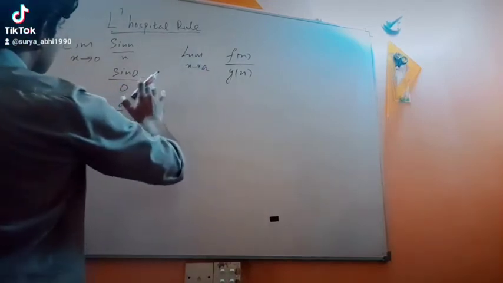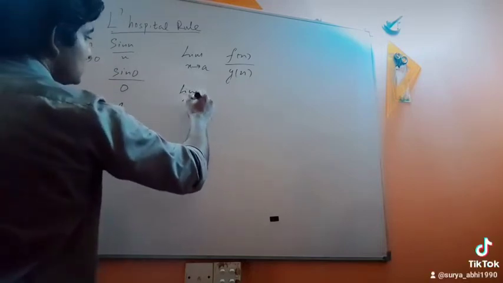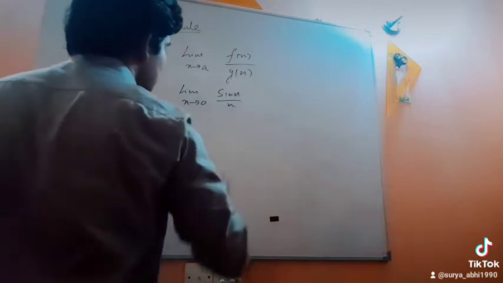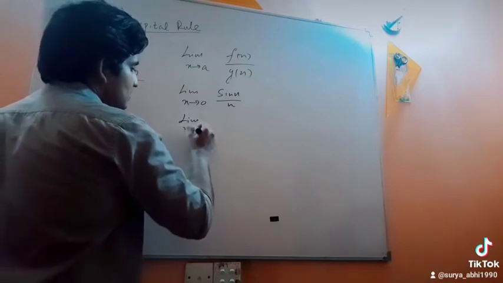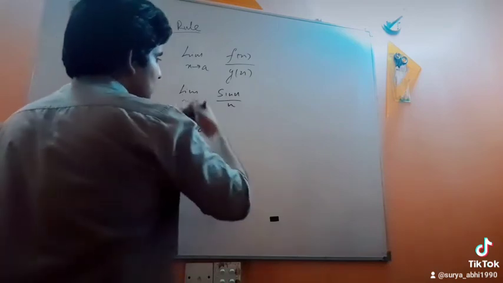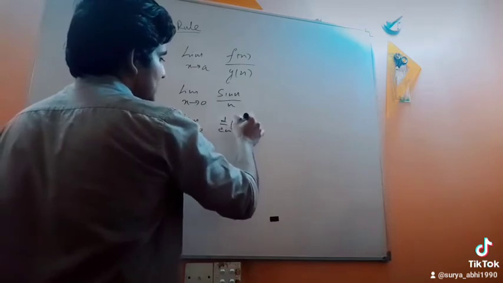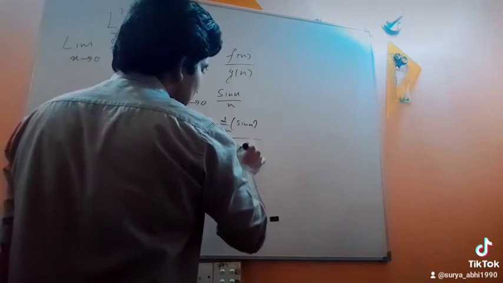So just think that you are going to solve the same problem: limit x tends to 0 of sin x divided by x. What you are going to do is take the derivative of the numerator, d by dx of sin x, divided by d by dx of x.